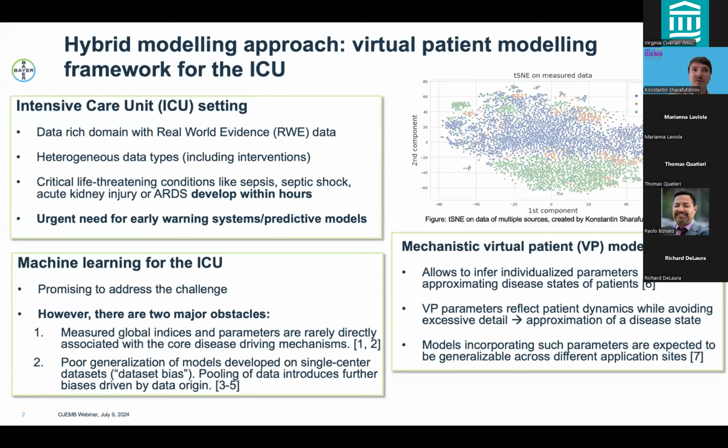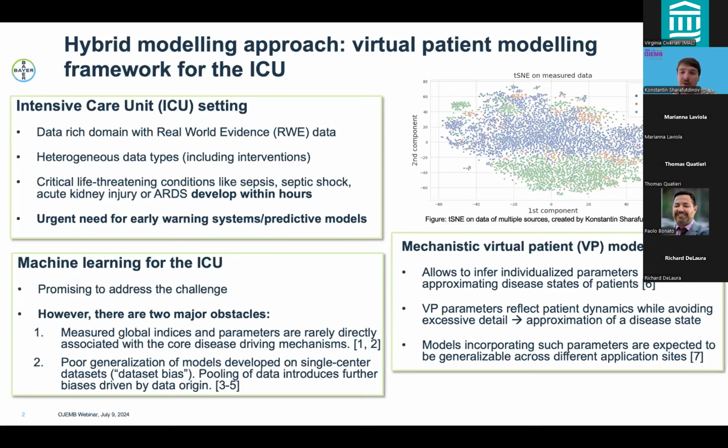And the second problem, which is connected to this, is that once we try to apply models developed in one hospital or on multiple hospitals in a new setting, there is usually a generalization problem. For instance, interventions can differ quite significantly between countries because there are different guidelines, for instance for medications.